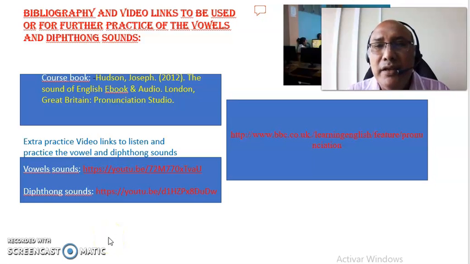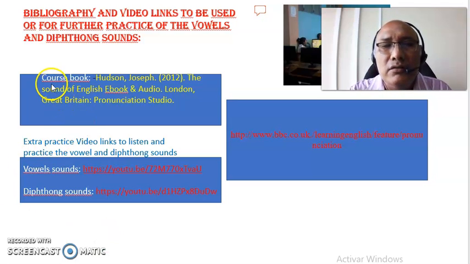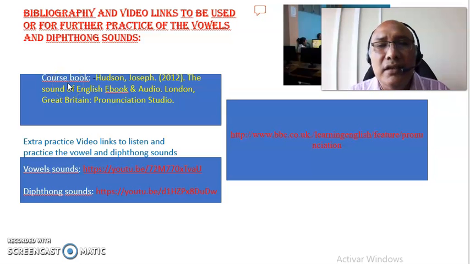Okay, in this part you have the bibliography and video links to be used for further practice of the vowels and diphthong sounds. Right here we have the course book, which is the Sounds of English ebook and audio. That's the one that we're using. And also we have some other video links that can help you practice more.